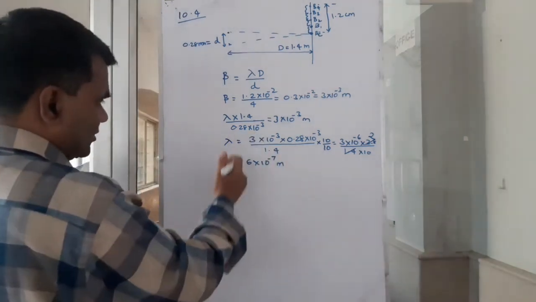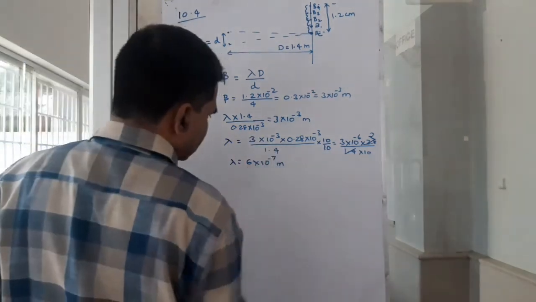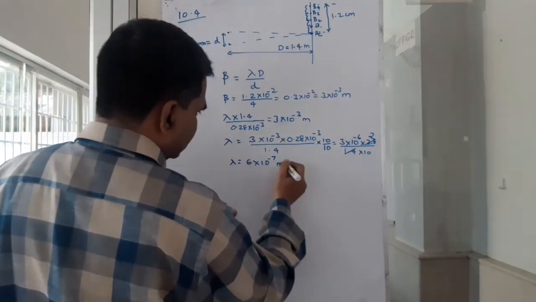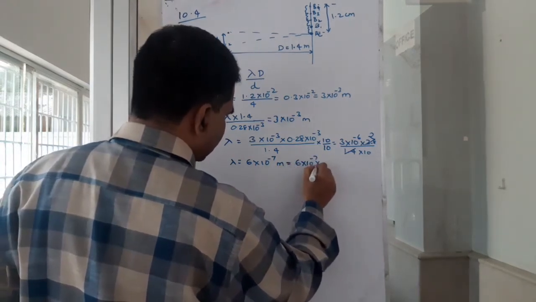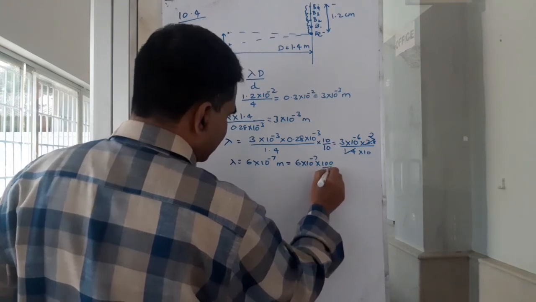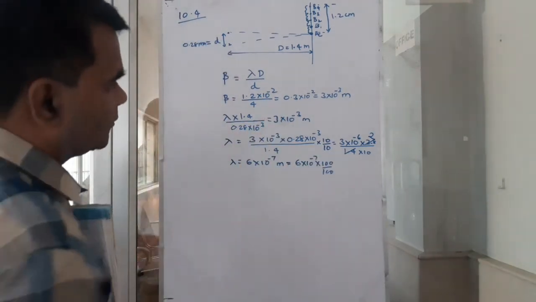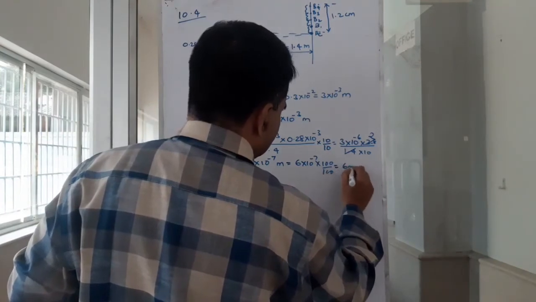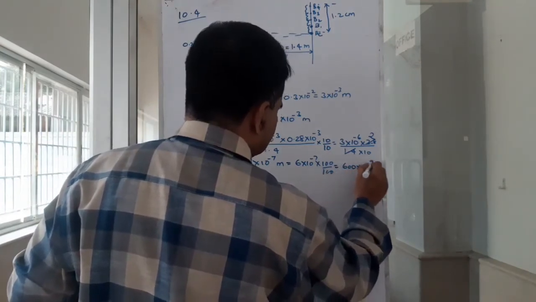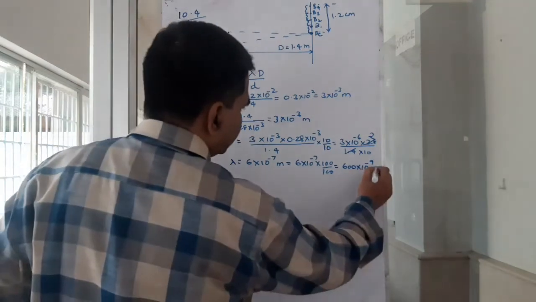If I multiply this by 100 and divide that by 100, because I'm trying to convert that into nanometers now, that gives you 600 times 10 to the power minus 9 meters.